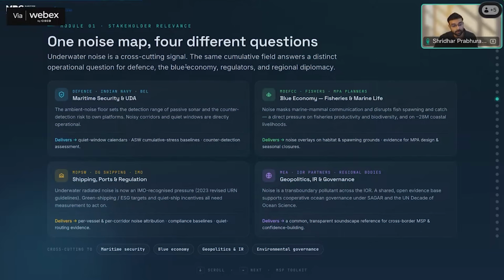Now, for shipping ports and regulation authorities, this essentially means that IMO has recognized the importance of URN. In the 2023 URN guidelines, it has mandated that we move more towards green shipping. We want to reduce the overall noise level in the region. Now, we need a tool that allows us to monitor the situation on the ground, prepare the charts, monitor the situation.